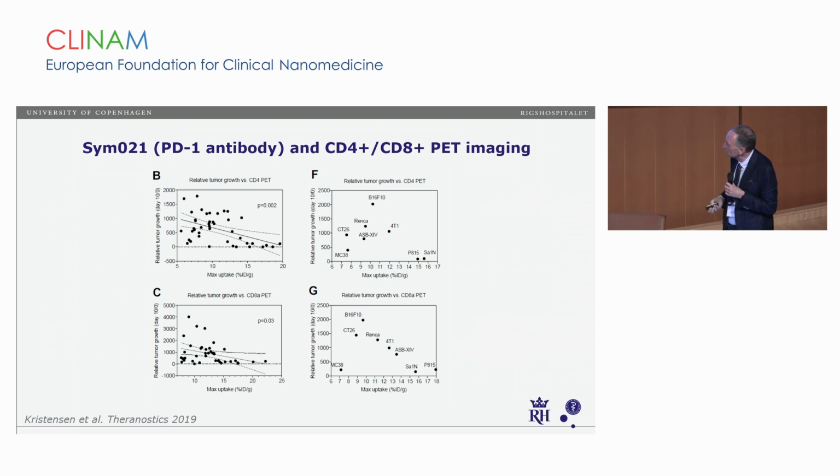And on the y-axis, you see the relative tumor growth in response to a PD-1 antibody, a checkpoint inhibitor. So what this tells us is, if you have very hot tumors, you also have a very good response. If you have cold tumors, you have a very poor response. Not surprising, but of course, very nice to show it non-invasively.